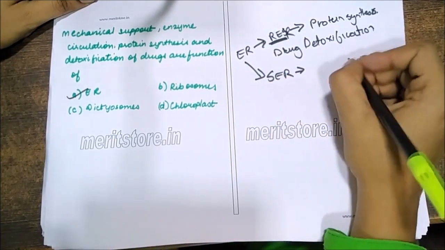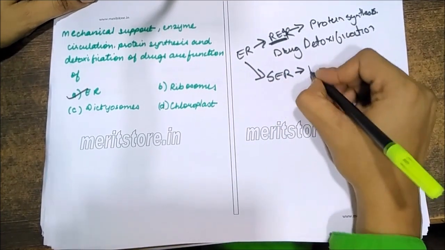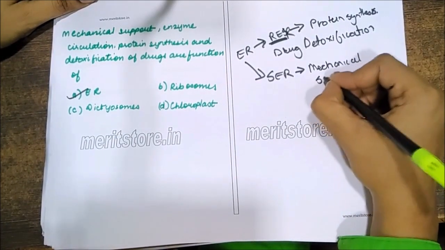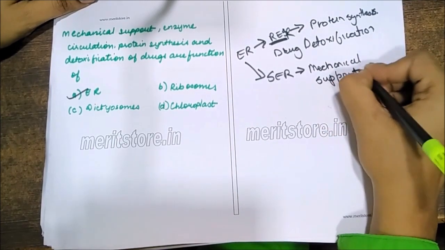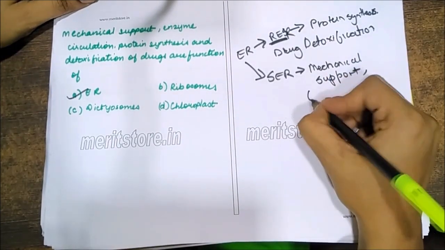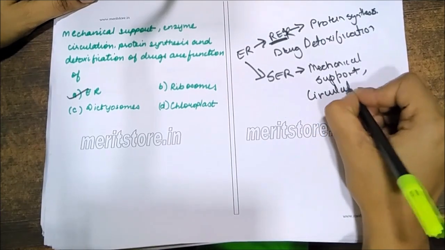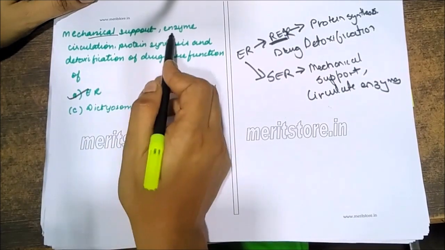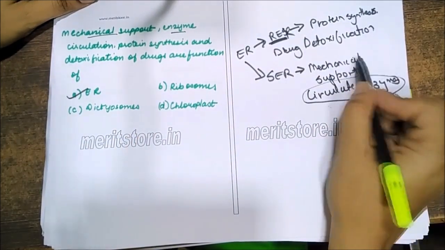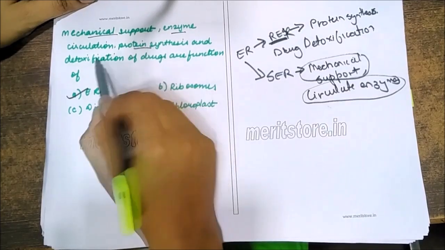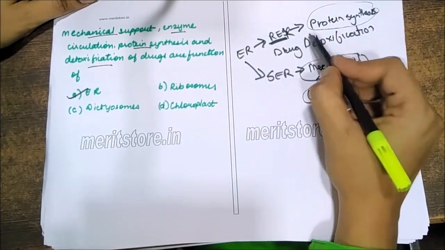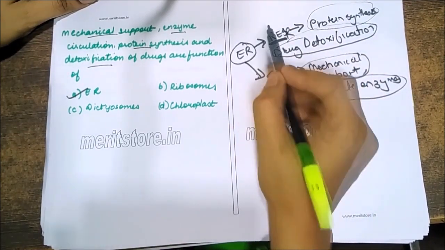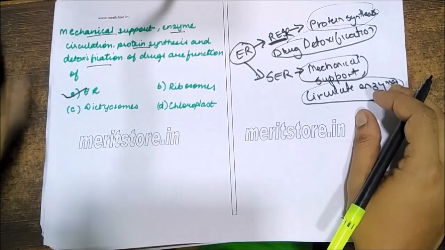Now smooth endoplasmic reticulum mainly helps in mechanical support, and it also helps to circulate enzymes. So all the functions that are given in the question, mechanical support, enzyme circulation, are functions of smooth endoplasmic reticulum. Protein synthesis and detoxification are functions of rough endoplasmic reticulum, and both are types of endoplasmic reticulum. So the correct option is A.